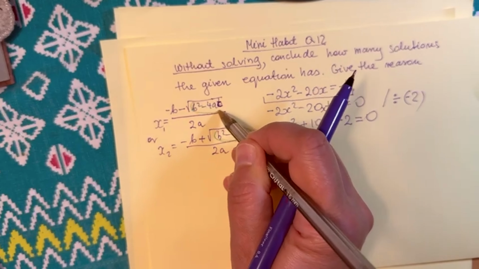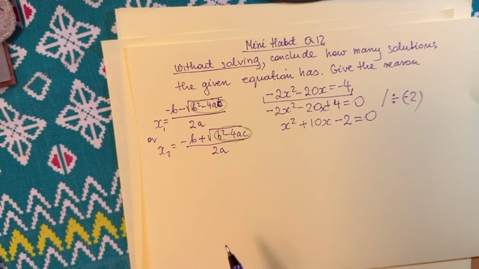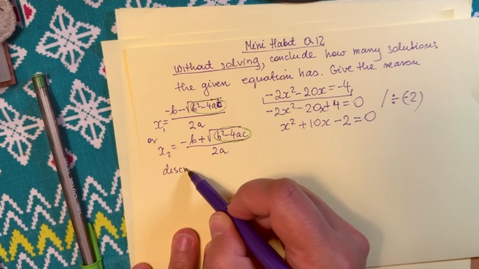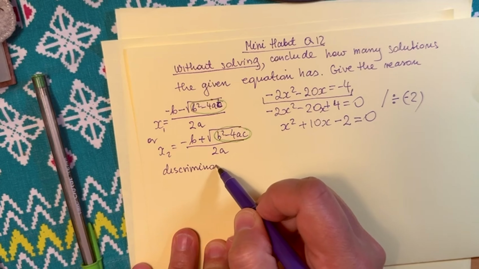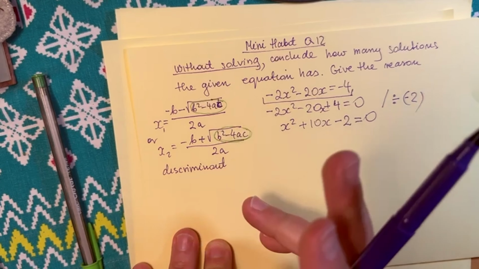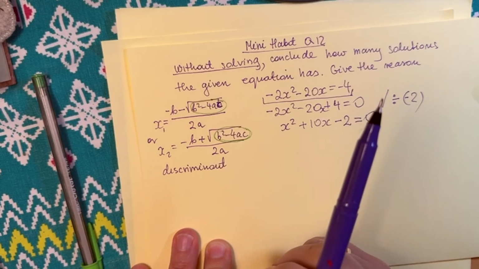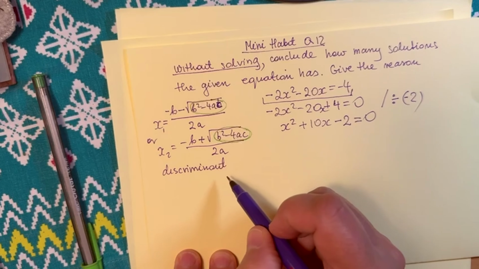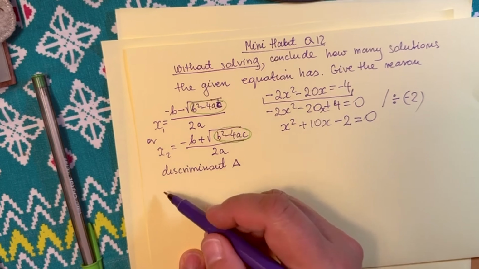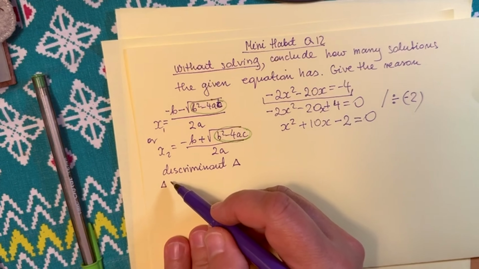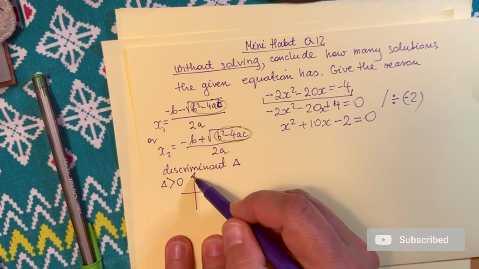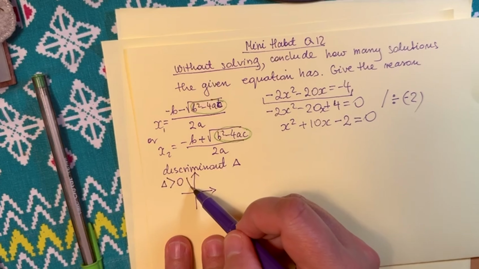This expression is called the discriminant, and it decides whether the equation has 2 solutions, 1 solution, or no solutions. Let's call the discriminant delta. If delta is more than 0, and you think about the graph of the parabola, you will get 2 solutions.